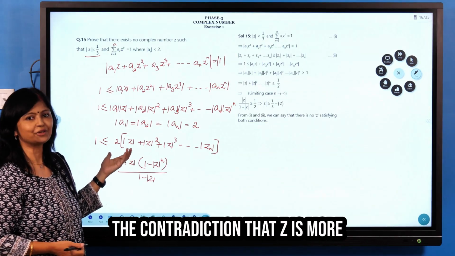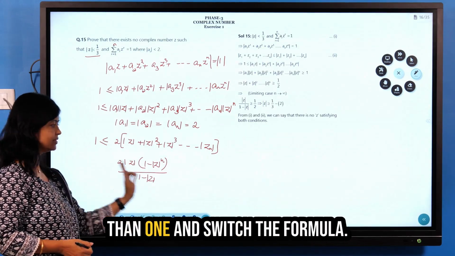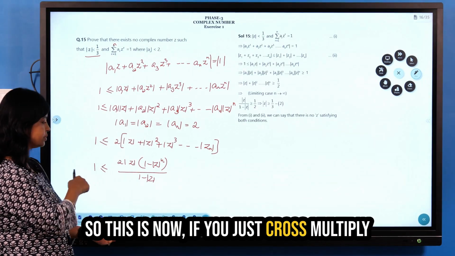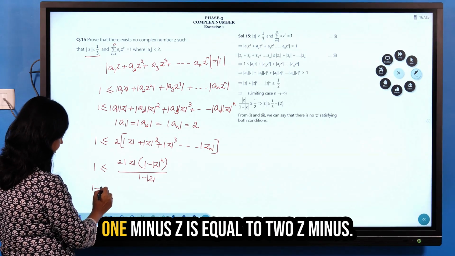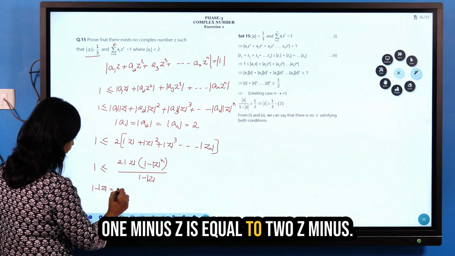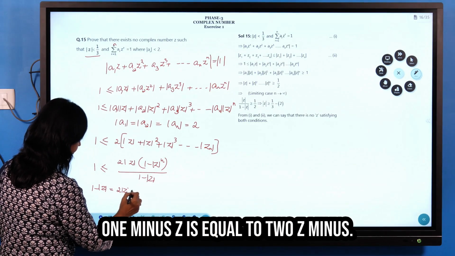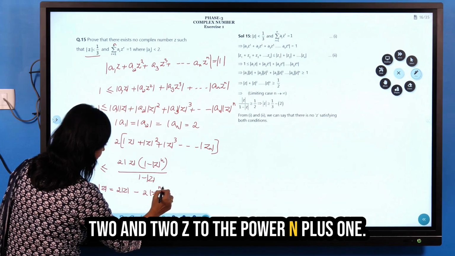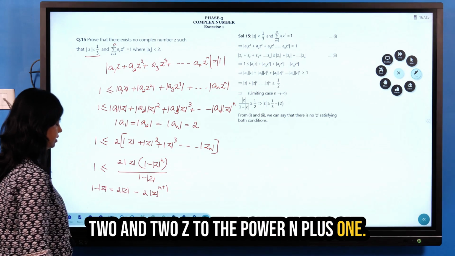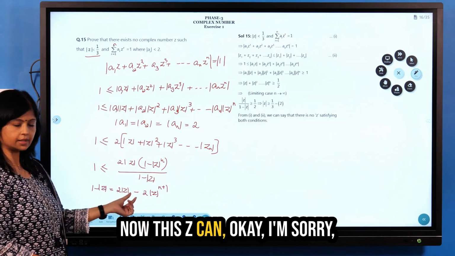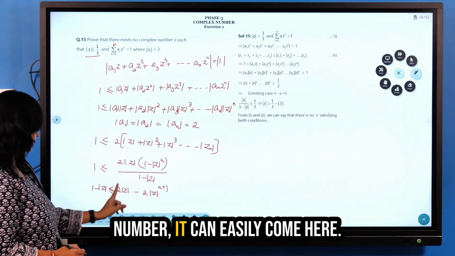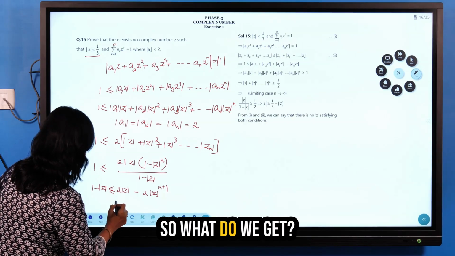We cannot start with the contradiction that mod z is more than 1 and switch the formula. Now if we cross multiply, 1 minus z is less than or equal to 2z minus 2 z to the power n plus 1. This z, because it is a positive number, can easily come over here.